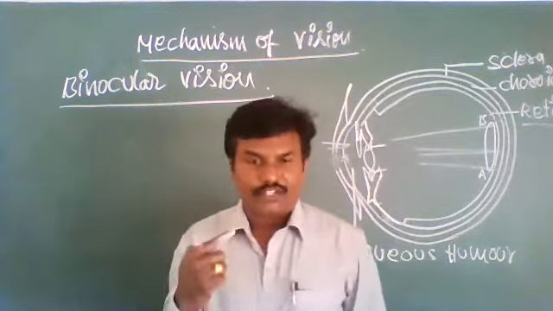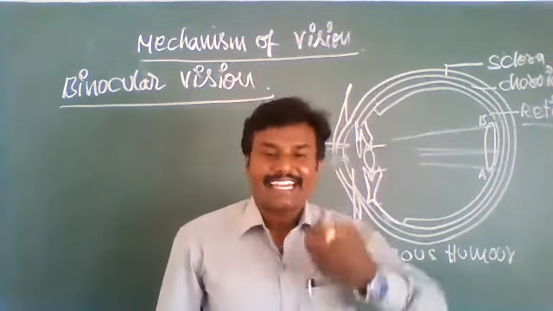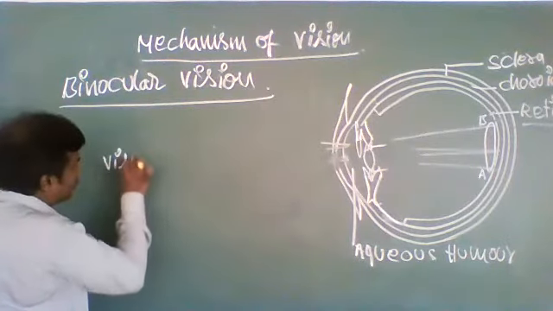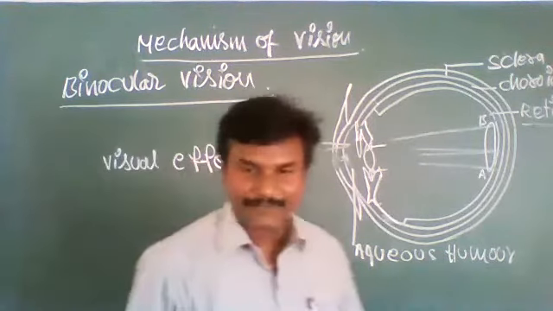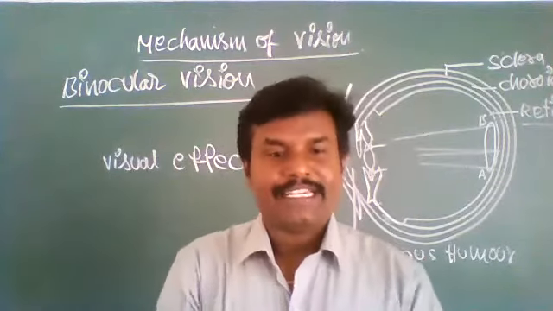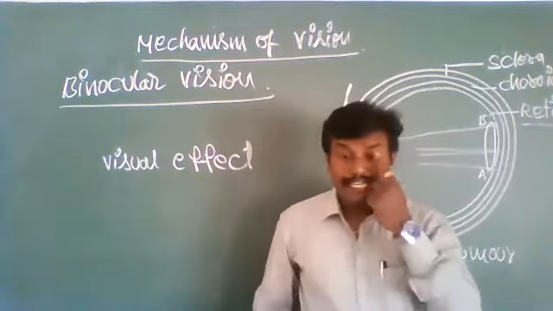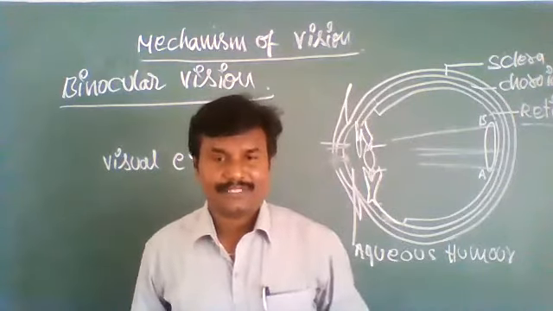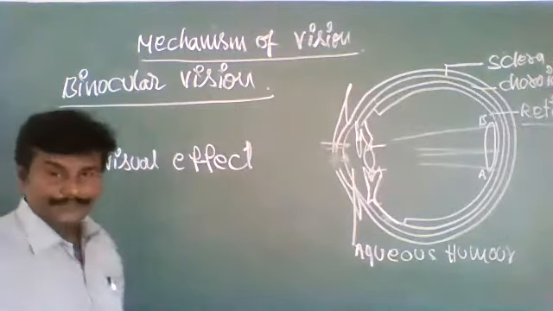The region of the environment from which each eye receives an image of the object, each eye receives light. That is called the visual field.